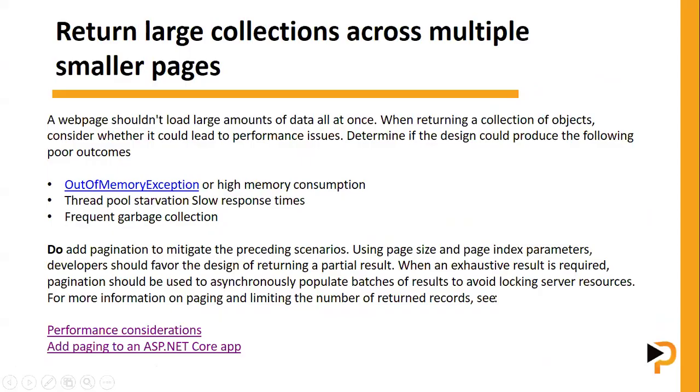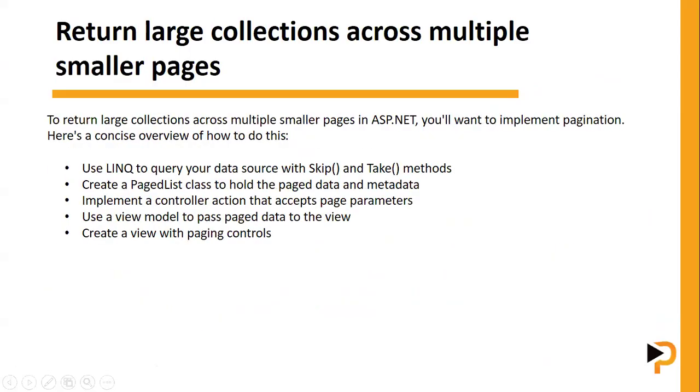So let's go ahead. To return a large collection across multiple smaller pages in ASP.NET, you will want to implement pagination, and here is a concise view of how to do it. Use a LINQ query on your data source with the Skip and Take methods.